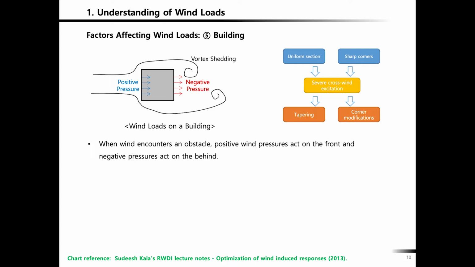So then, by the wake, there's a negative pressure. And of course, this pressure times the facade area right there, plus facade area here times the negative wind pressure is the total wind force along this line, and that's called along wind direction. Okay.